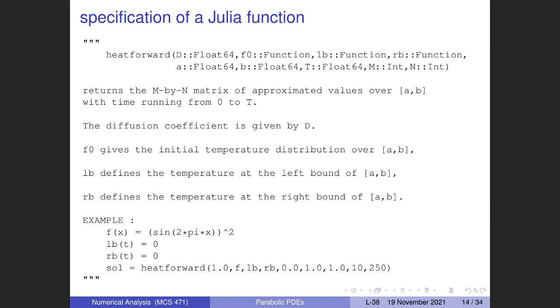The LB and the RB are functions of time. Then we have the bounds for the interval A and B, and then the time, capital T, the limit of the time interval. M and N are the dimensions. So what we will have on return is an M by N matrix. M stands for space and N is for time.